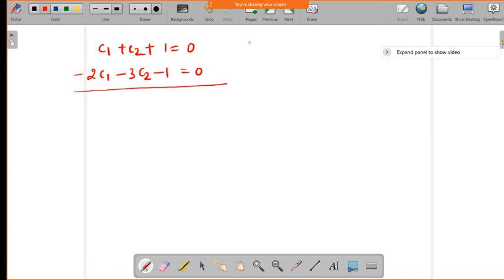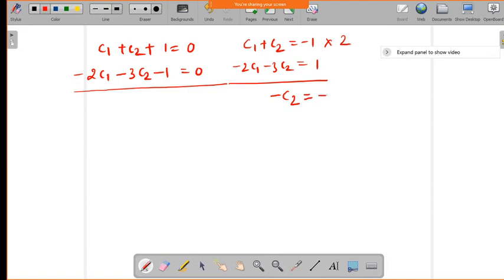So, you can write it as C1 plus C2 equal to minus 1 and minus 2 C1 minus 3 C2 equal to 1. Now if you multiply the first one by 2 and add, C1 will get cancelled. So, it will be 2 C2 and minus 3 C2, you will get minus C2, which is equal to minus 2 plus 1, nothing but minus 1. So, you will get C2 as 1. Is it fine? Okay, if you get C2 as 1, you will get C1 as minus 2.